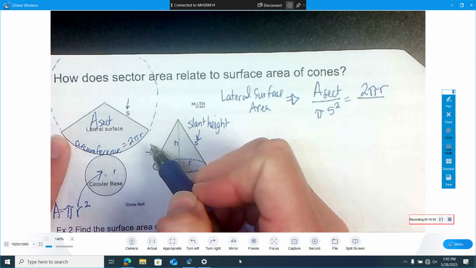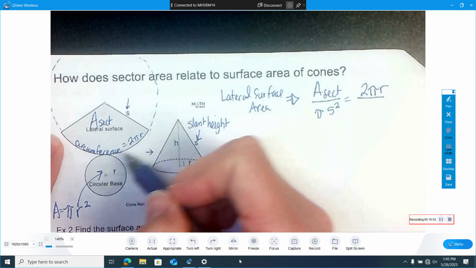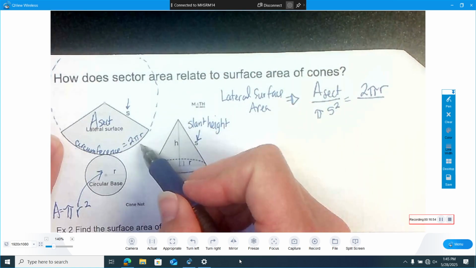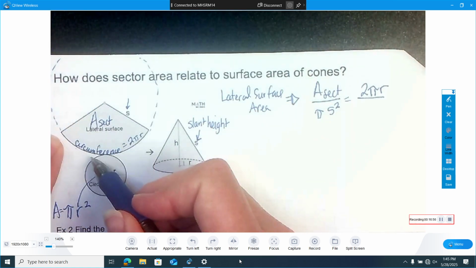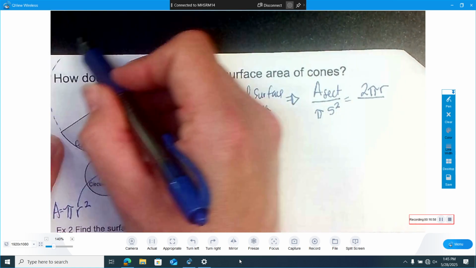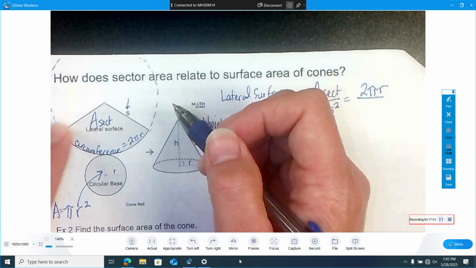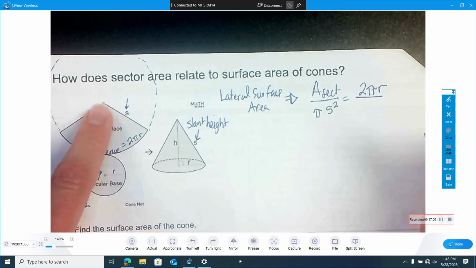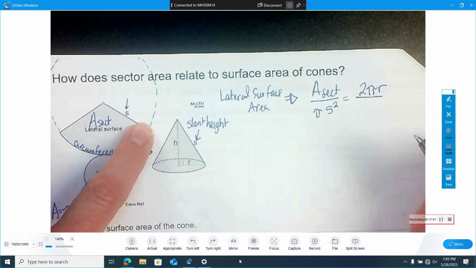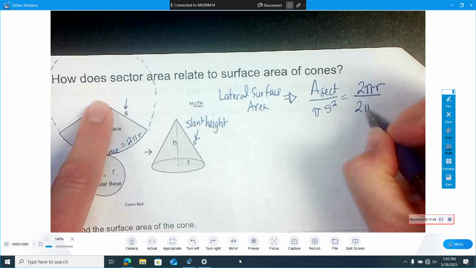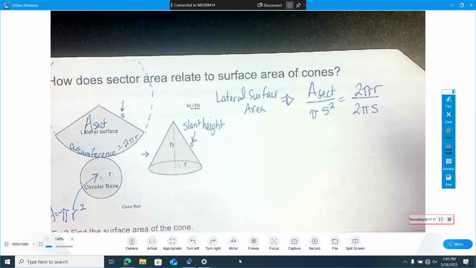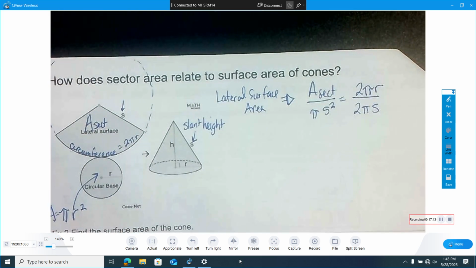That length, 2 times pi times r, is a portion of the total arc length of the big circle. So the total circumference all the way around the big circle, that is 2 pi times the radius of the big circle, which is s. So 2 pi s. This is really kind of interesting. All right, we're going to clean this up, and it turns out that it cleans up real nice.